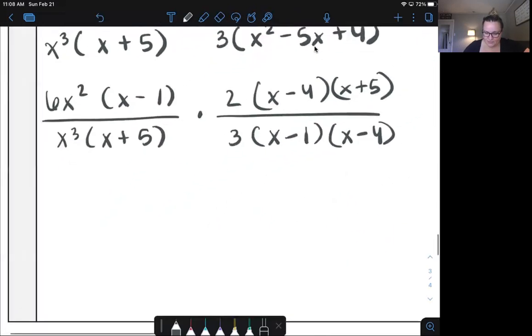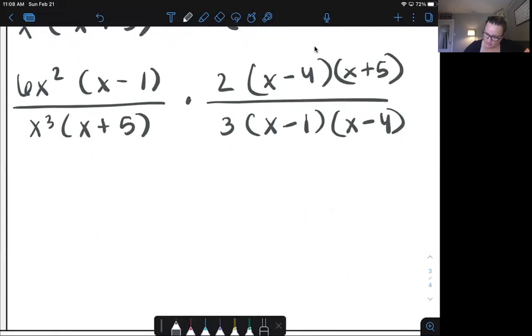All right, let's see what we can simplify. So x minus 1 and x minus 1. x plus 5 and x plus 5. x minus 4 and x minus 4. Okay, so 6 divided by 3 is 2. So that becomes a 2. And then x squared over x cubed.